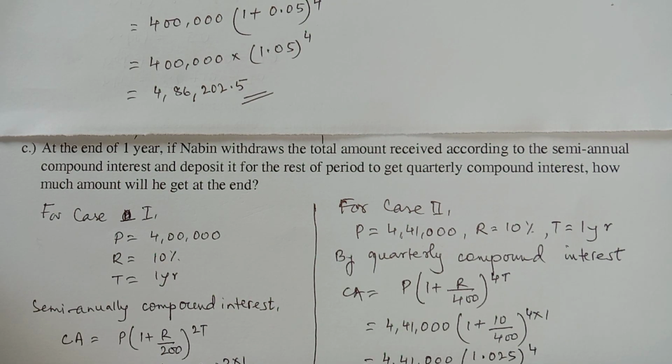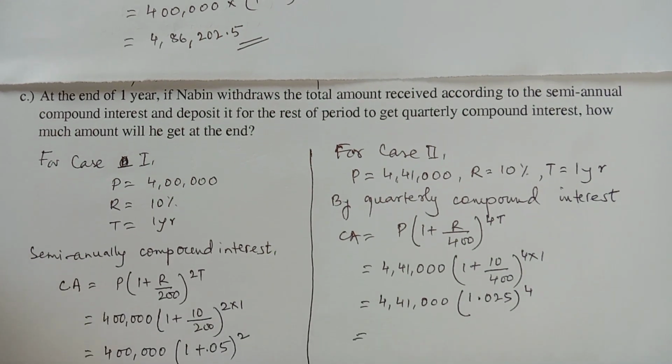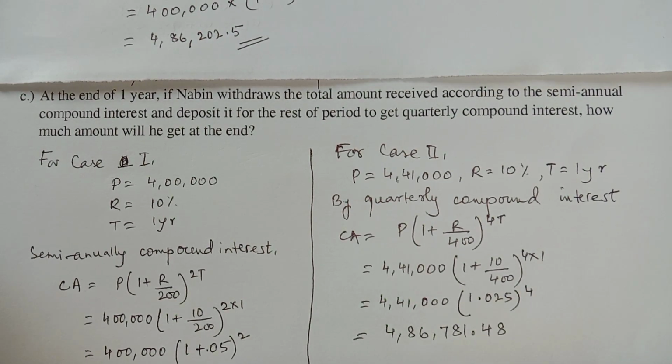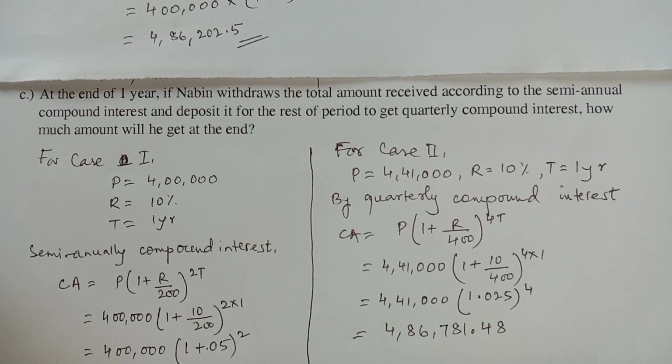And friends, if you calculate this, you are going to get 4,86,781.48. So the amount which he is going to get will be 4,86,781.48. This is our answer.